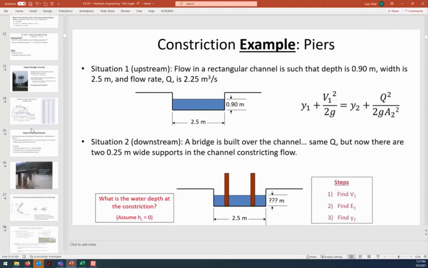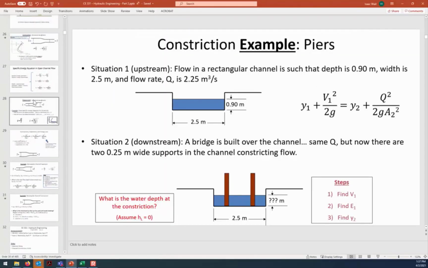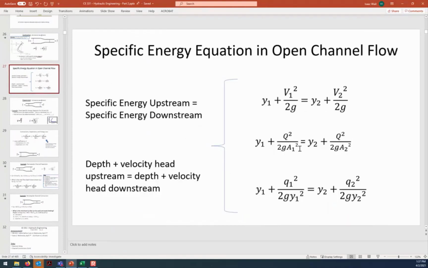And let me just remind you the different kind of ways that we can see specific energy. We can have specific energy being in terms of flow rate, Q, so this is one way that we can write the velocity head, or we can have it in terms of flow per unit width at 2.